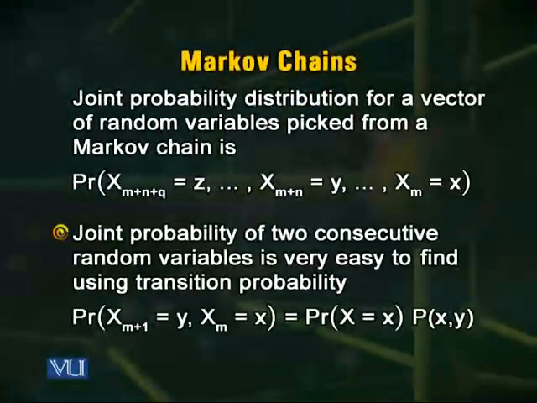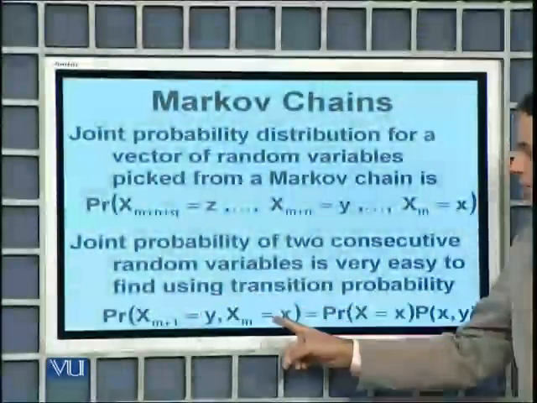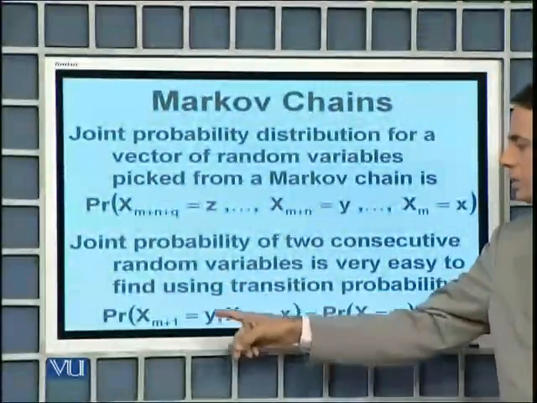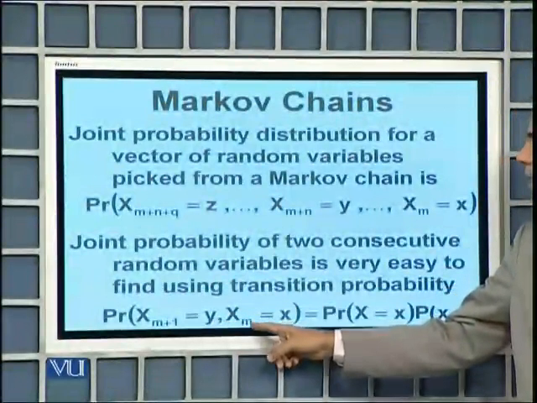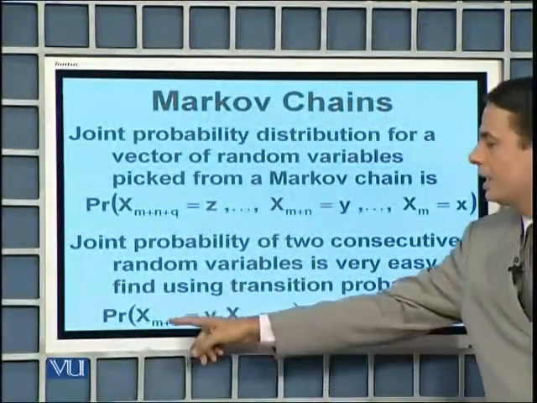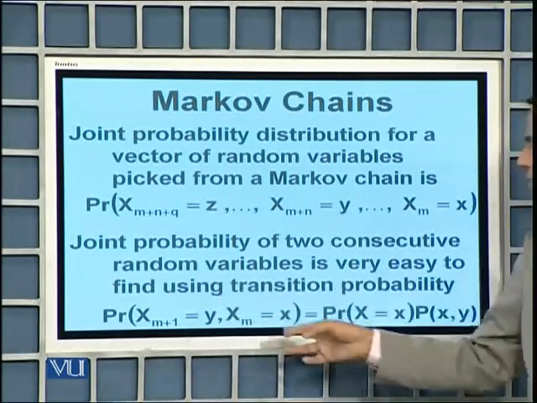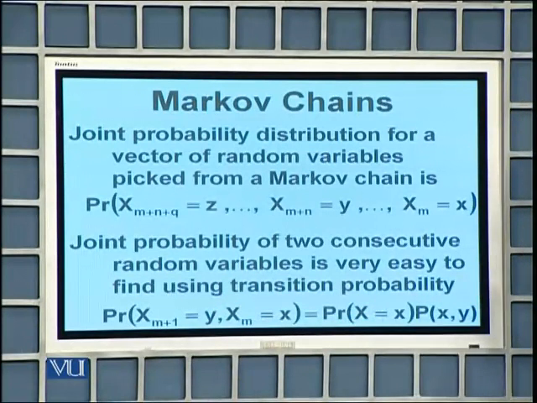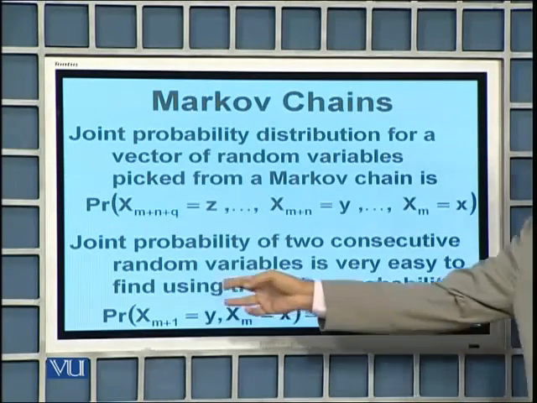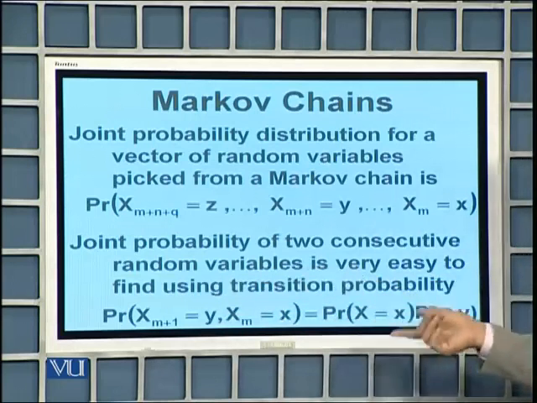For joint probability distributions, there is a special interesting case when we are dealing with the joint probability of two random variables which are adjacent to each other. One is at sampling instance m, the other is at sampling instance m plus 1. To find the joint probability distribution of two random variables, we can use the formula for conditional probability, which involves joint probability and the probability of the conditioning element.